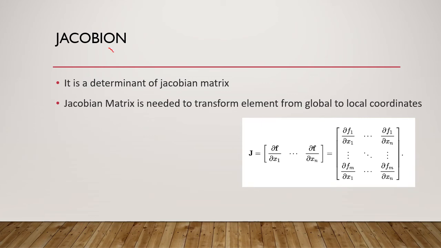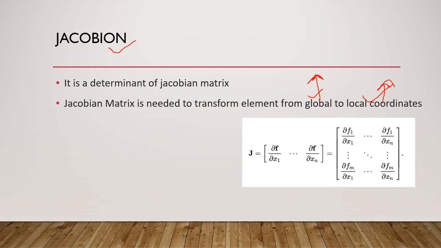Now Jacobian. We all know that you cannot mesh your finite element model based on ideally shaped elements. The real-world geometries are very complex in nature, so you cannot mesh everything based upon ideally shaped elements. So FE will transform your element from the global coordinate system to your local coordinate system. In the global coordinate system, the element is in its actual shape, which you have modeled, and in the local coordinate system, the element is an ideally shaped element.